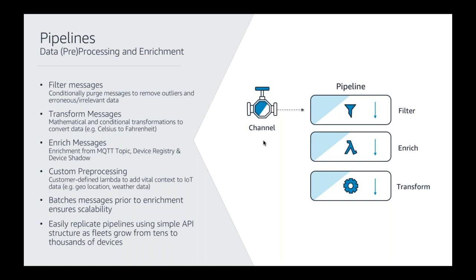It also provides the ability to do custom processing. You can build Lambda hooks, and you can call external APIs or bring in, for example, geolocation or weather data, or any additional context you want to bring from maybe your line of business systems, that can help you add more context into your pipeline. And you can also replicate these pipelines. For example, you may have one pipeline already working.